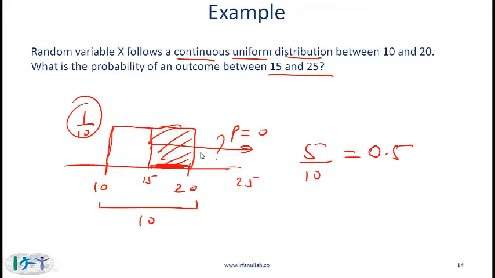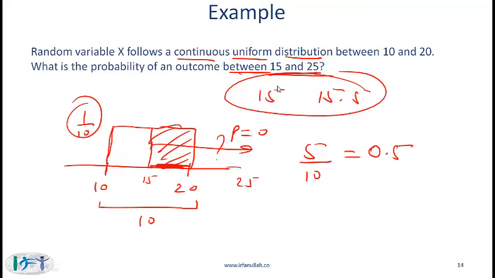And one other point that you should recognize is that when we have a continuous uniform distribution, we always speak in terms of a range. So the probability of an outcome between 15 and 20 or between 15 and 15.5. So there is always a range. The reason is that the probability of a specific number, so probability of 15, is going to be essentially 0.